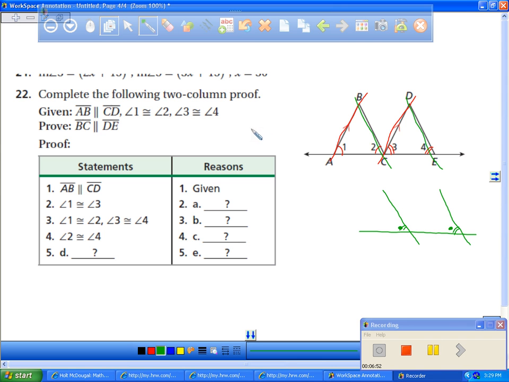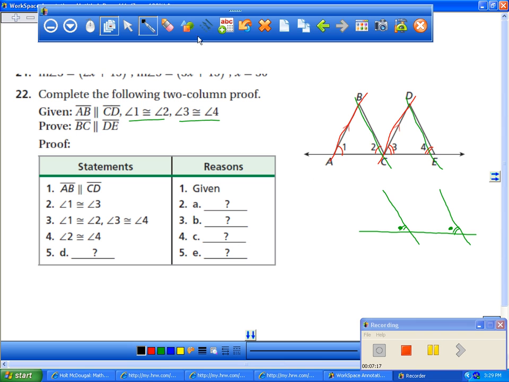Alright, so if AB is parallel to CD, check, then that must mean that 1 is congruent to 3. Was 1 congruent to 3 up in the given? No. So why in the world is angle 1, let me redraw it down here, how do I make angle 1?